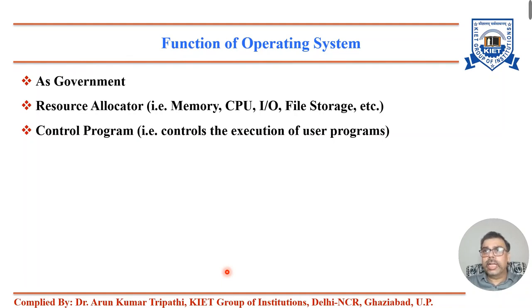It controls the various devices that are participating in the operation, such as data buses: which data has to be allocated to a particular bus, which data has to be fetched from the primary memory to the CPU, handed over to the CPU, or brought from secondary memory to the primary memory, and so on.